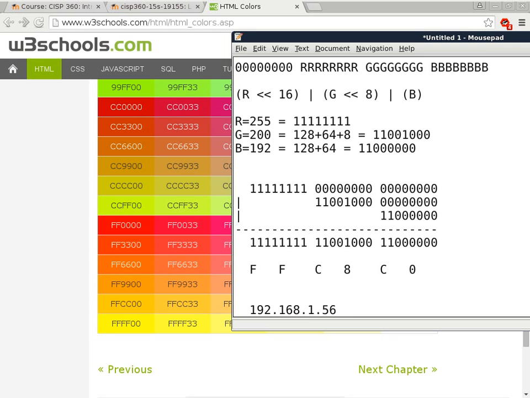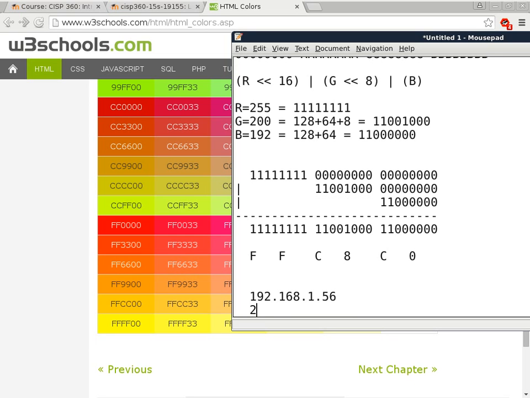That's a fairly typical IP address that you get from a home router. But the bit mask is usually 255.255.255.0. So this is what we call an IP address, and this is what we call a net mask.